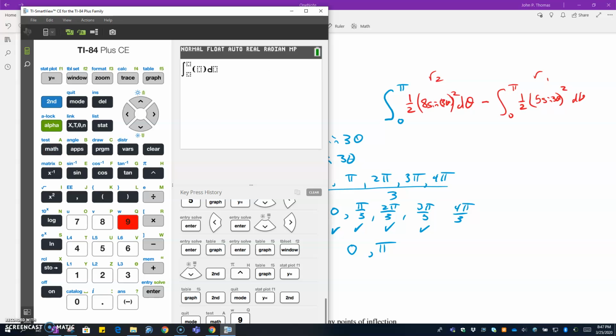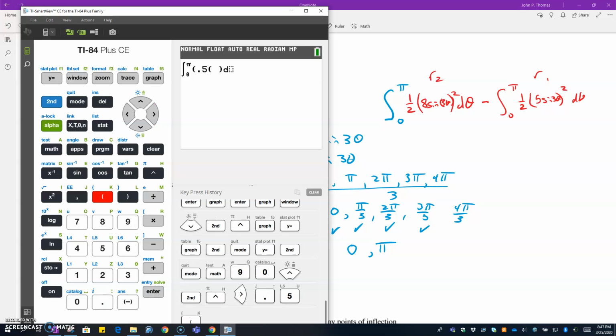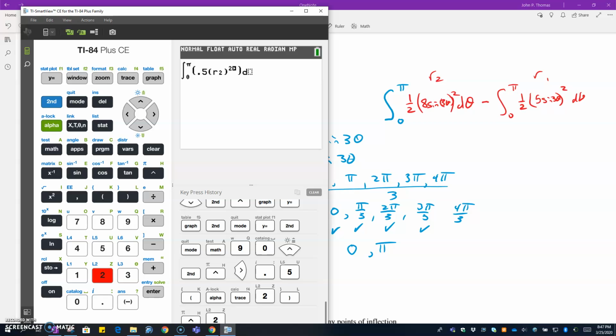We're going to start at 0 and go to pi. Then inside, we're going to have 1/2, so 0.5 times r2. So I'm going to choose alpha trace, and choose number 2, quantity squared, so I'm going to raise that to the second.